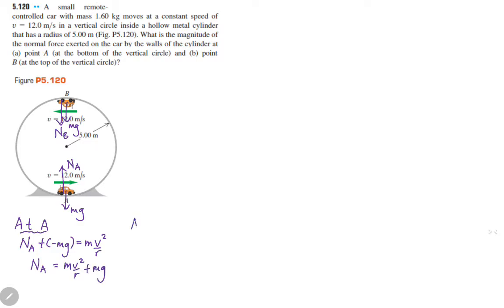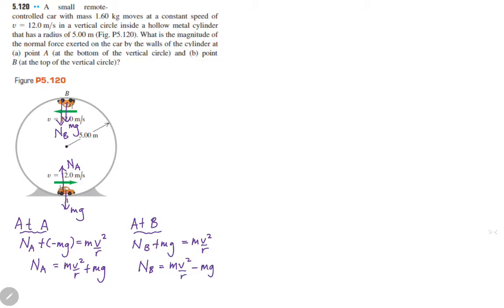While at B, what we have is NB plus mg equals, again, the mass times the centripetal acceleration. So we get NB equals mv squared over r minus mg.